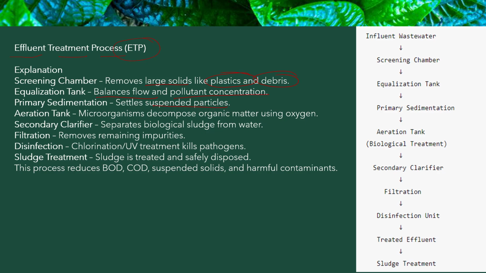Aeration tanks decompose organic matter using oxygen. Secondary clarifier separates biological sludge from water. Filtration removes impurities. Disinfection is basically for killing all the pathogens. Sludge treatment is where sludge is treated and safely disposed. It reduces BOD, COD, suspended solids, and harmful contaminants.